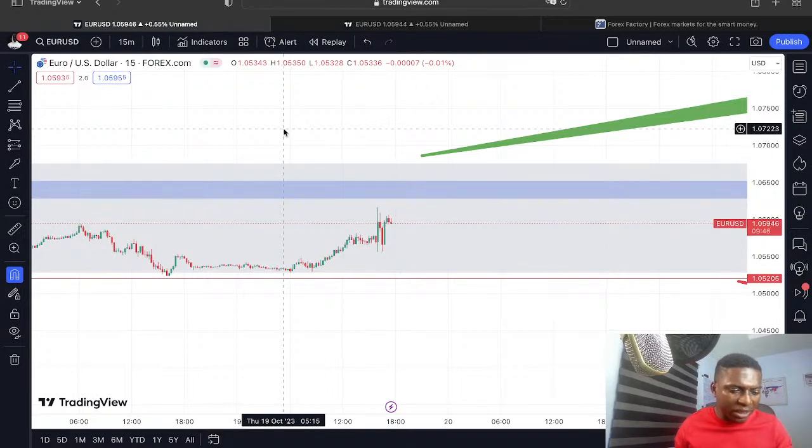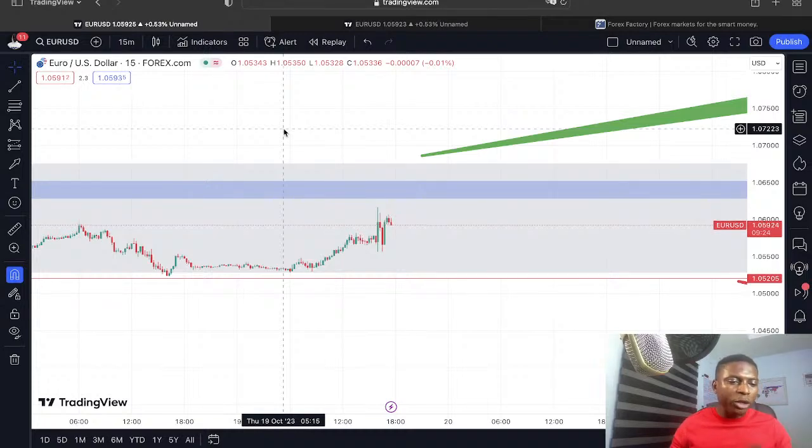So these are core things that actually move the market. So imagine if you are on your sure buy or your sure sell, like you said, and the news comes out and changes the pace of the market, is your analysis still a sure one?